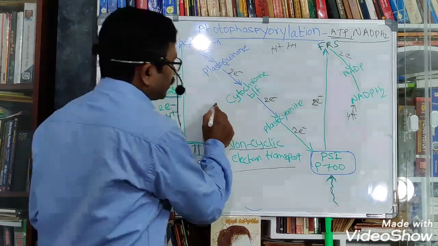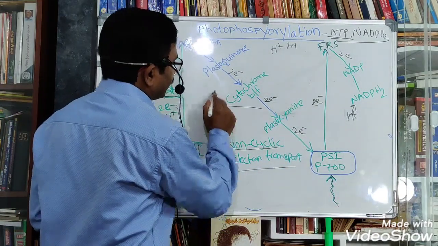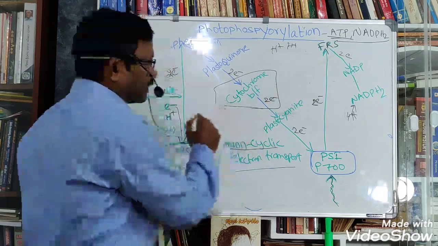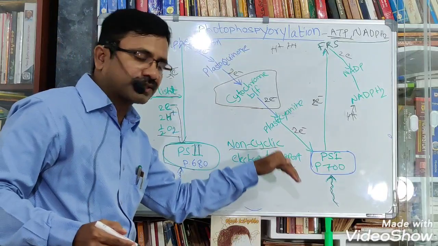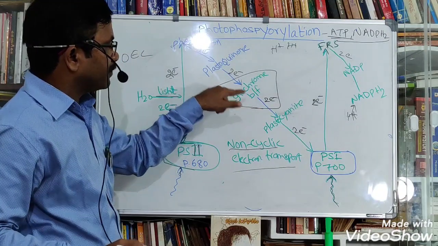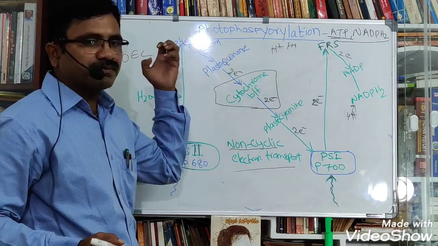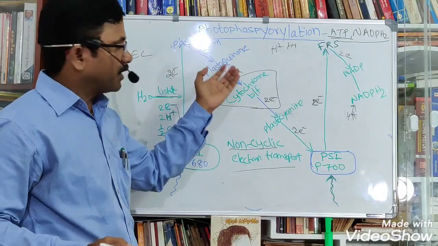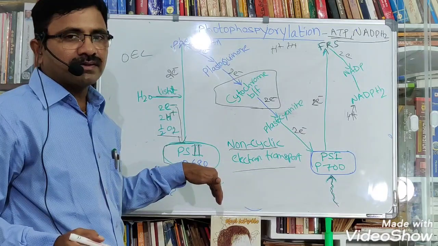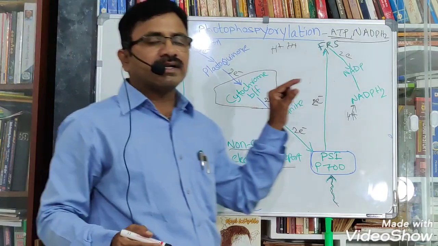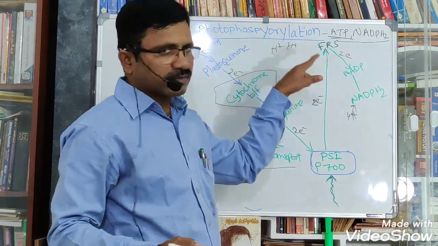In this case, the cytochrome b6f complex plays a key role. When electrons move through the electron transport system, the cytochrome b6f complex absorbs protons from the stroma. Again, it pumps protons into the lumen. So these events ultimately cause photophosphorylation.